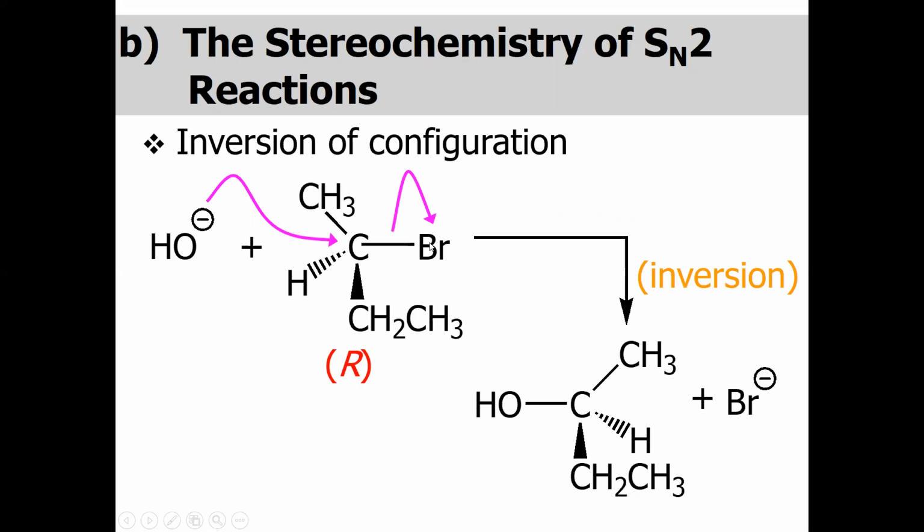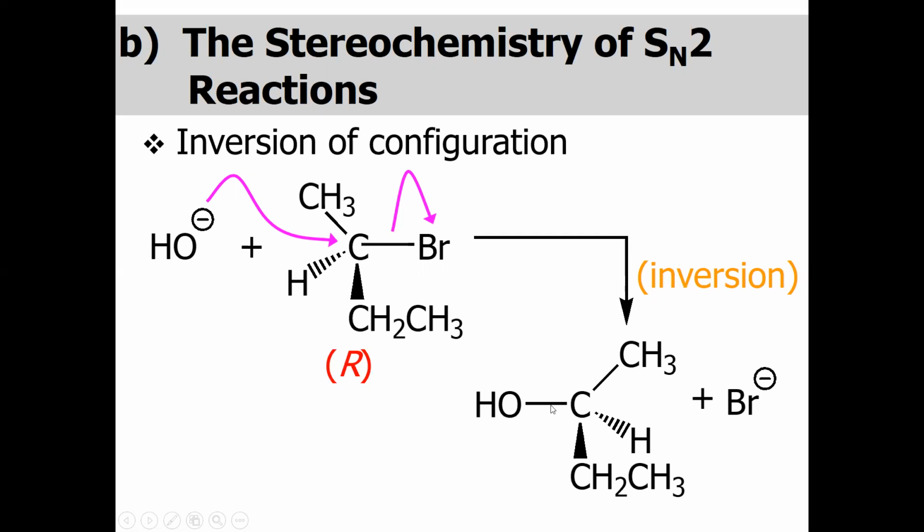When we move the direction from the bromine, ethyl, and the methyl group, our eye is moving in the clockwise direction. So you may say this carbon has the R, the rectus geometry. When the nucleophile attacks this carbon center, bromine will depart, and inversion of configuration will take place, like the flipping of an umbrella.